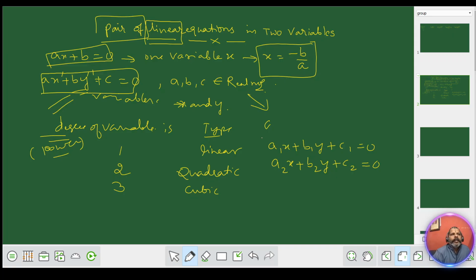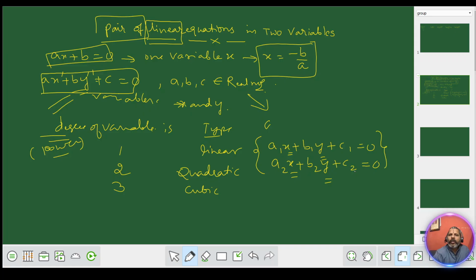These are the pair of linear equations in two variables. Why do we say pair? Because there are two linear equations here, where a1, a2, b1, b2, c1, c2 are the real numbers for the equations. x and y remain the same. That's why it's called pair of linear equations in two variables.